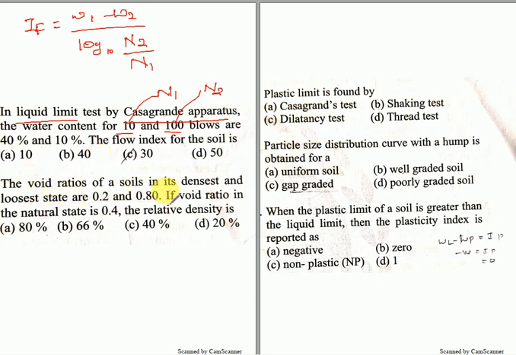The void ratio of the soil in the densest and loosest state is 0.1 and 0.80. If the void ratio in the natural state is 0.40, what is the relative density? First I will build a concept with respect to relative density, then I'll come to the problem.